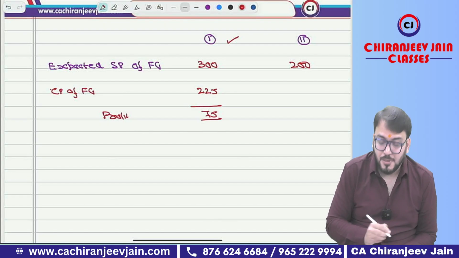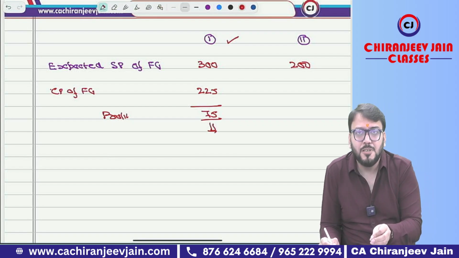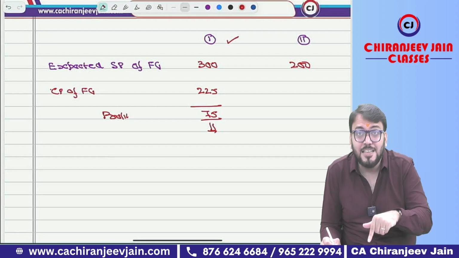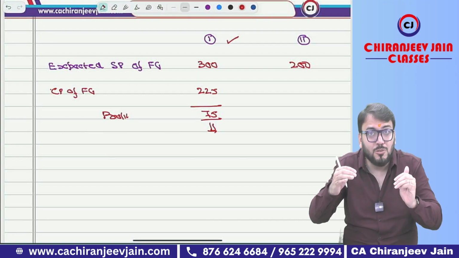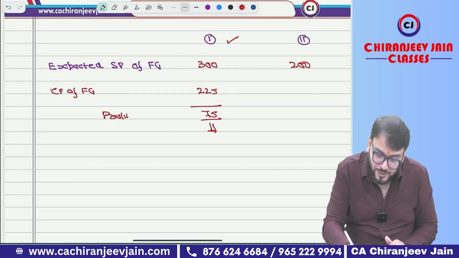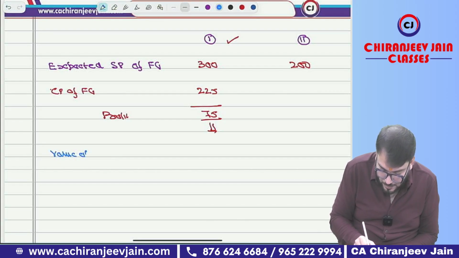75. So if there is an expected profit, it means the conservatism principle will not apply. It means there is no need to write down the value of inventory. So in this case, WIP will be valued at cost price only. Got this point? In this case, what will be the value of WIP?